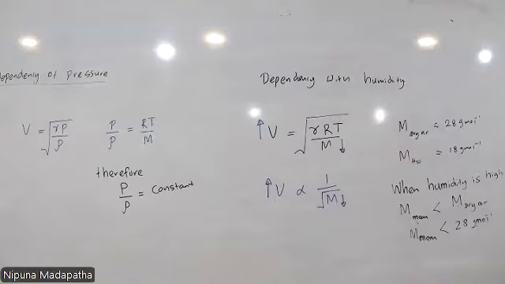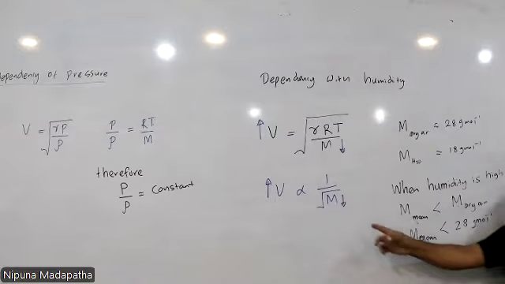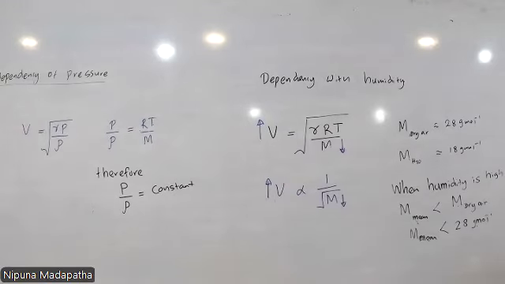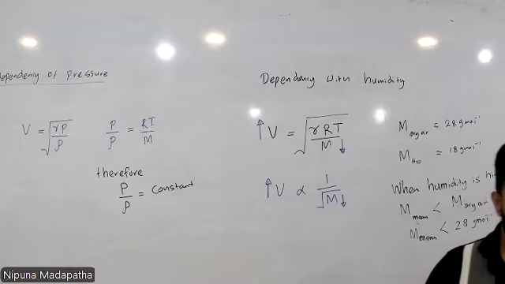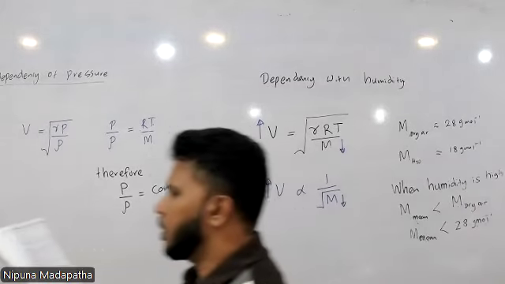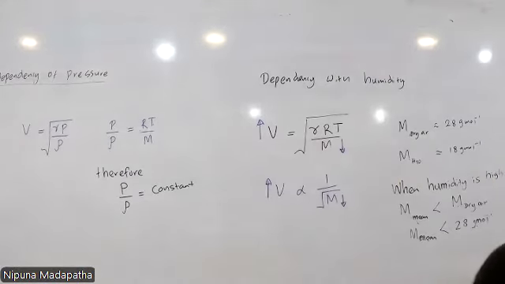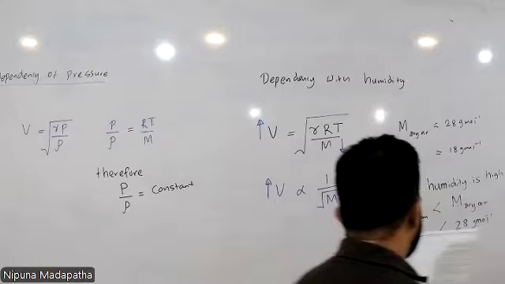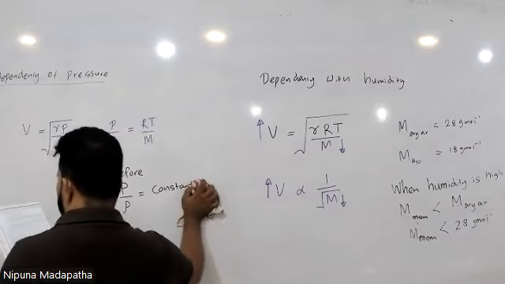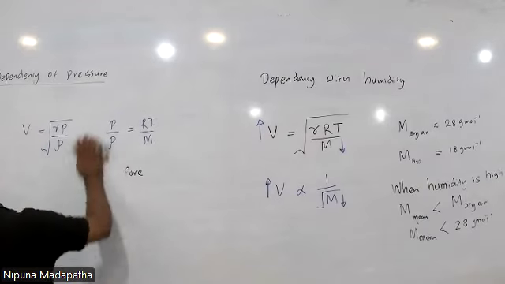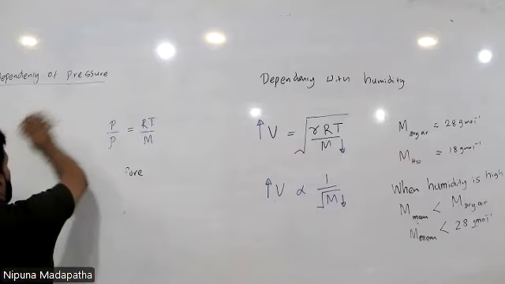What is the molar mass? Which one, part B or C? Part B. The speed of sound in air was found to be 320 meters per second at an atmospheric pressure of 72 cm mercury and temperature of 7 degrees. What is the speed of sound in air at atmospheric pressure of 76 cm mercury and temperature 27 degrees?